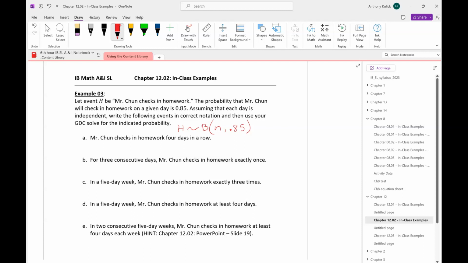Yeah, so if I need 4 in a row, n is 4, right? So I'm going to do like binomial PDF, 4 trials, 0.85, x equals 4.